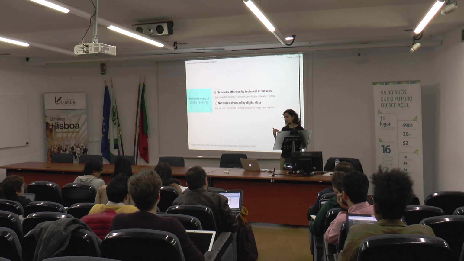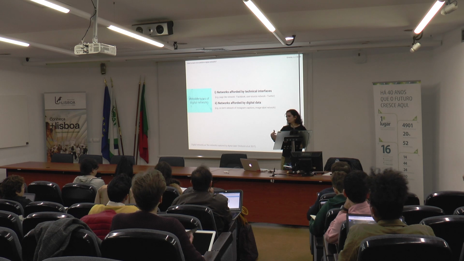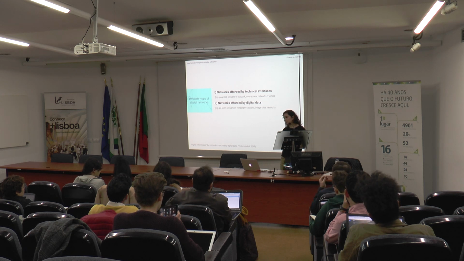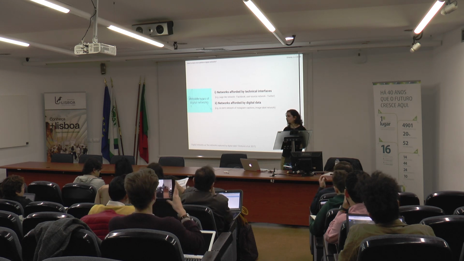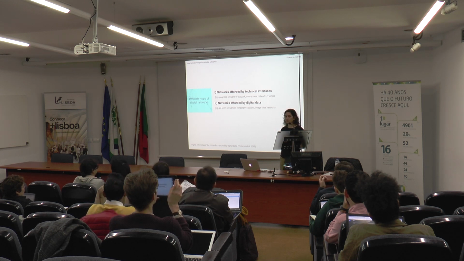In the first case, it's how the platform renders, stores, and makes data available to us through APIs. So we use software like Netvizz, YouTube Data Tools, and other software that calls directly to the technical interface. So you have, for instance, a page-like network on Facebook, a user-source network on Twitter.